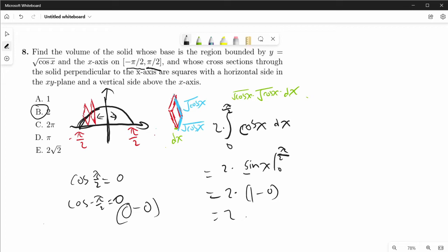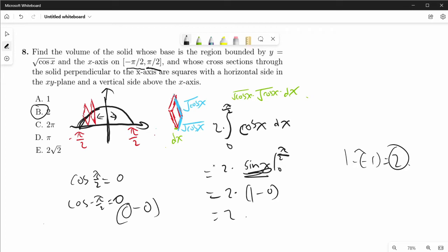In this case, since you have sine, if we did pi over 2 and negative pi over 2, it will be 1 minus negative 1, which will give us the same answer of 2. So that's just something that you might want to look out for.